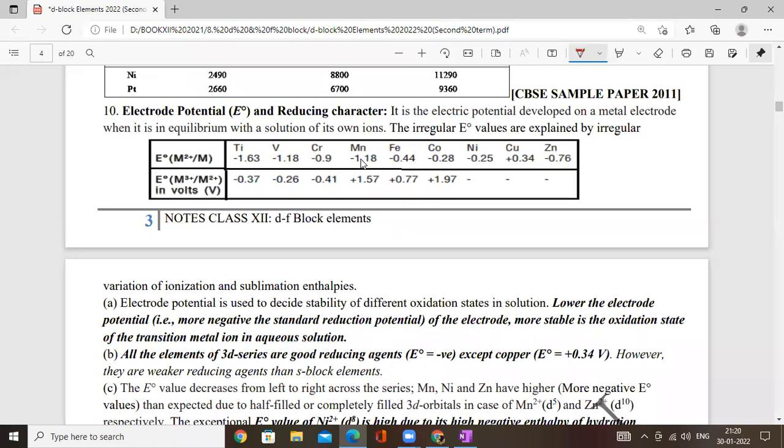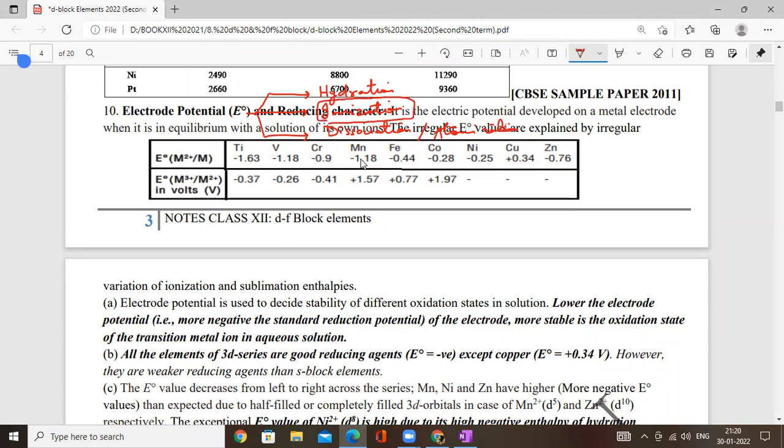Now what I was trying to tell you is, point number 1, if I am talking about the 3d series, the E naught value in any case depends upon three things: hydration energy, ionization energy, and dissociation or atomization energy.